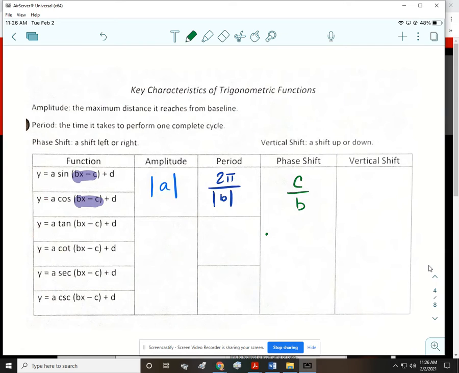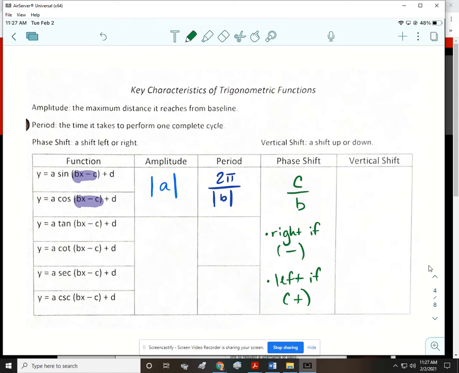And if you divide that and it's negative, there's a minus there, then you're going to shift to the right. And then we're going to shift to the left if positive.